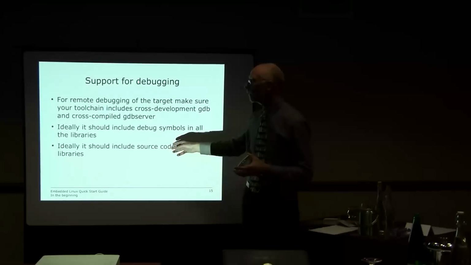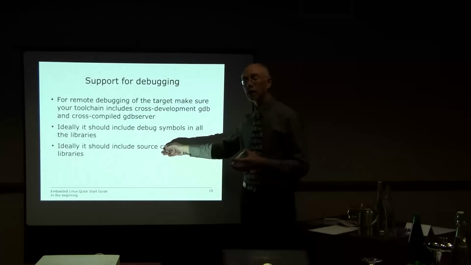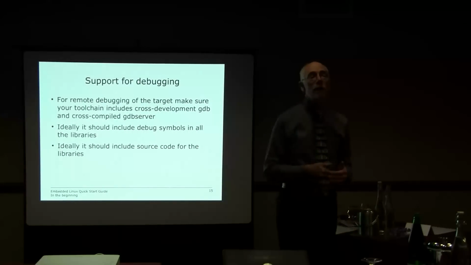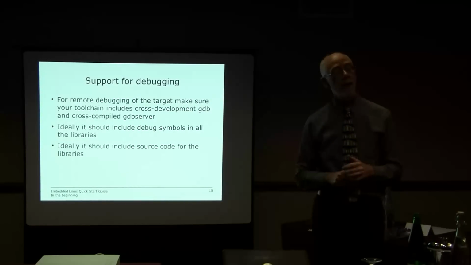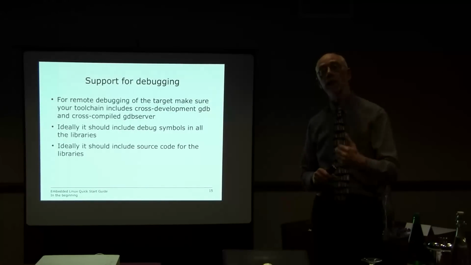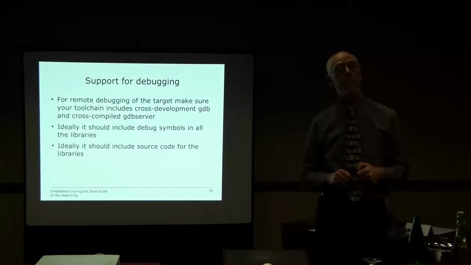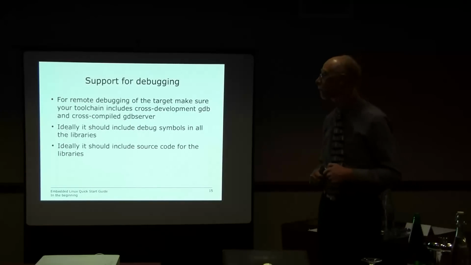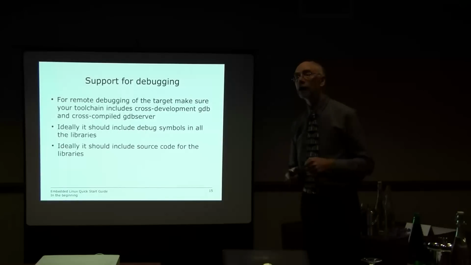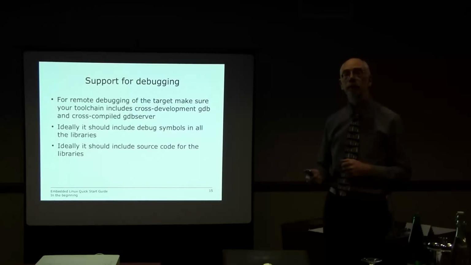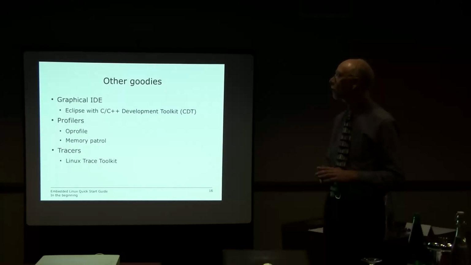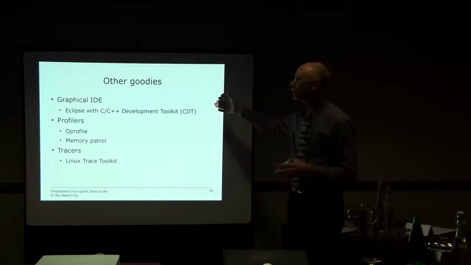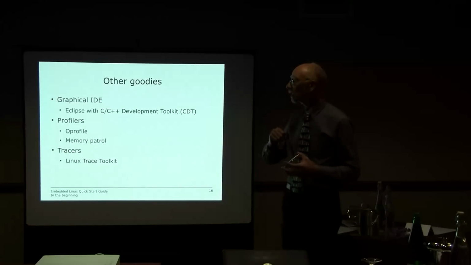And it would be very handy if they gave you the actual source code in a nice, easy to use form, so that when you have a bug in a library, or you believe you have a bug in a library, you can actually step through the source code and see what's going on. And not all toolchains will give you that. Other goodies, well, there are many plugins for Eclipse, profilers, tracers, etc.